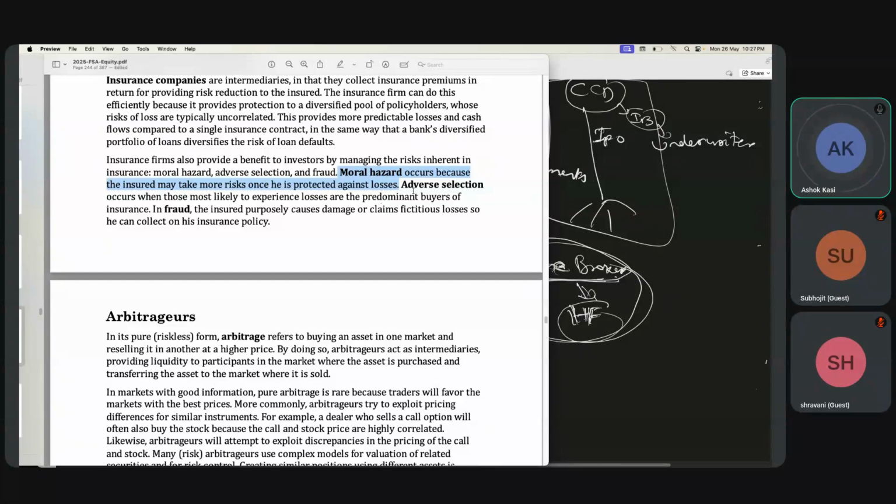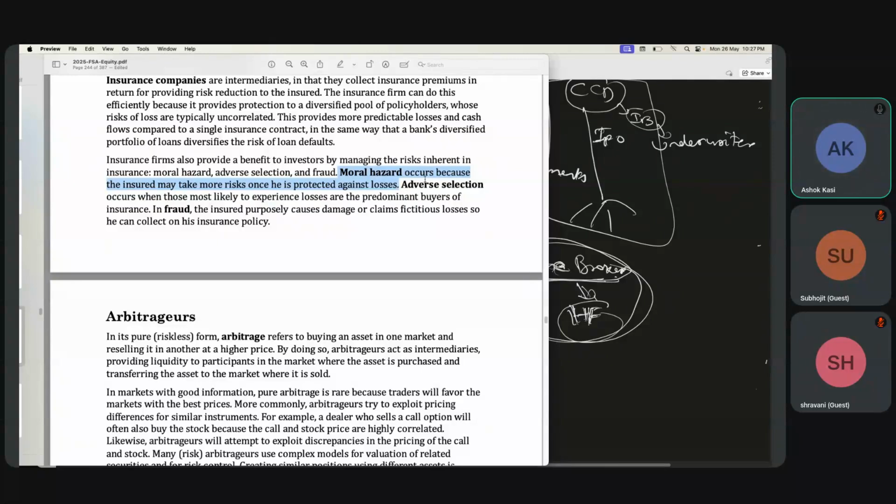That means imagine your car is insured. Now that might motivate you to drive more recklessly. Then it is what? Moral hazard. So moral hazard is basically, once you are insured, you are taking more risk. That is moral hazard.